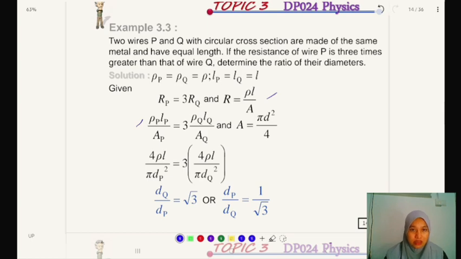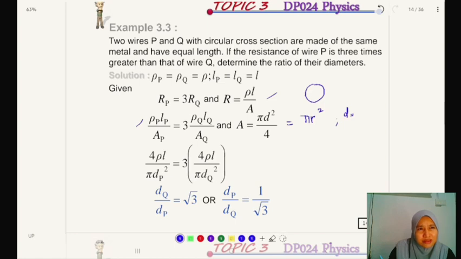And A adalah pi D square over 4. So, ini ataupun pi R square lah. Luas keratan rentas bulatan. So, area bulatan lah, pi R square. Kenapa dia buat D ni? Sebab kita tahu D sama dengan diameter, diameter sama dengan 2R.